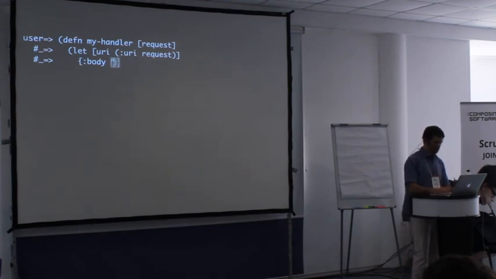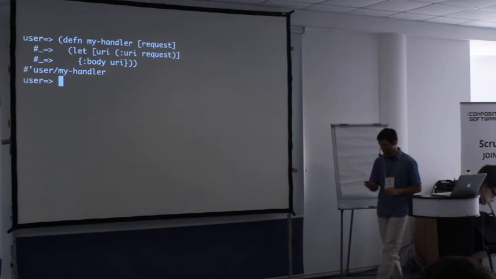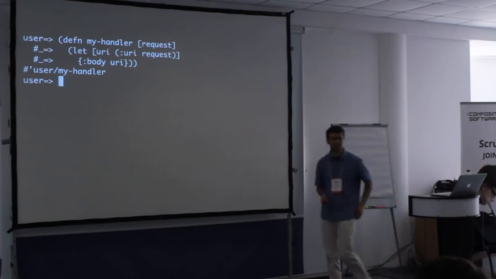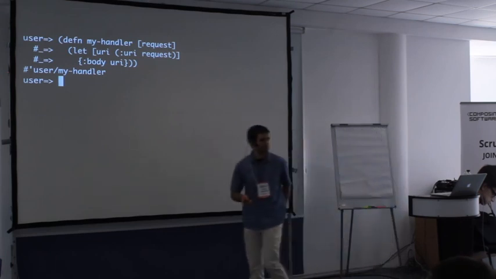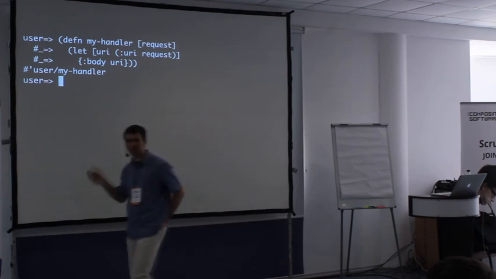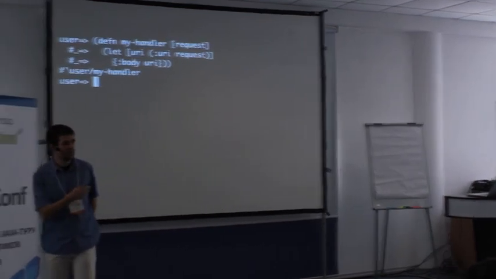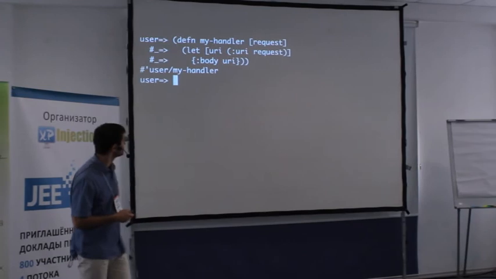So let me do this URI, just this. Okay. That's it. Can you understand it? Do you understand it? Yep. What does this function do? What does this handler do?